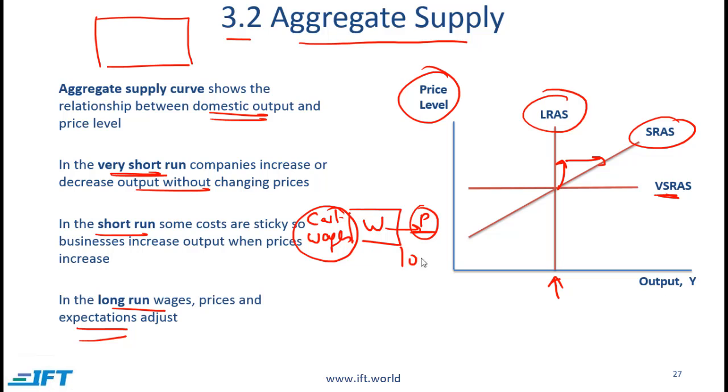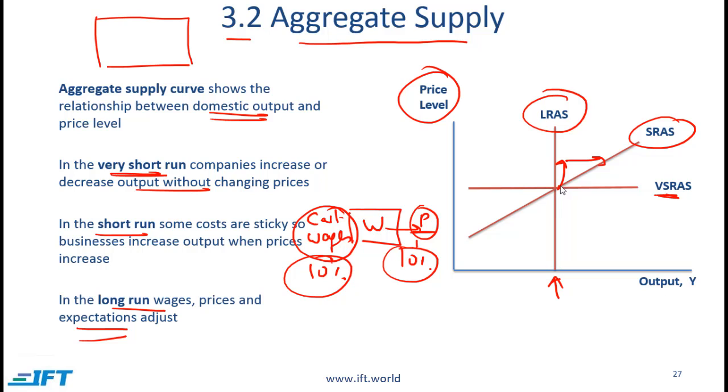So if prices are up by 10% and eventually in the long run, all your costs are also up by 10%. And here again, you imagine yourself as the business owner. If prices are up by 10% and your costs are up by 10%, then in real terms, you are back to where you started. So here is our journey very briefly.